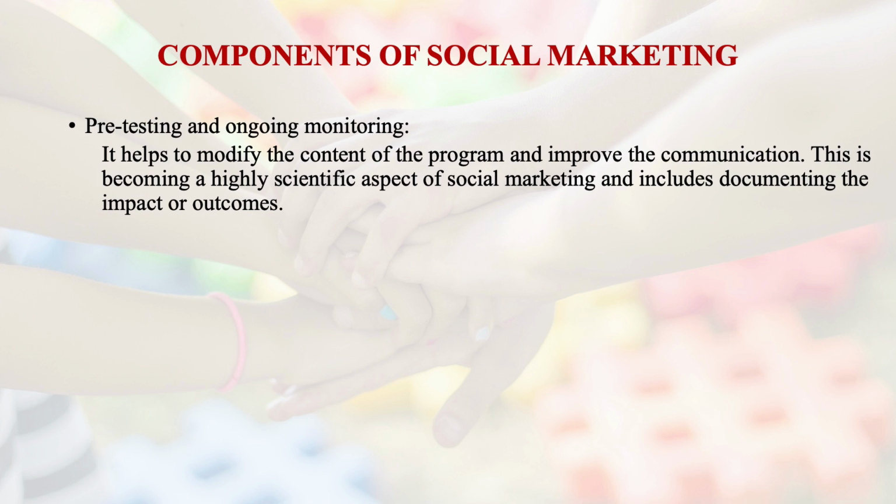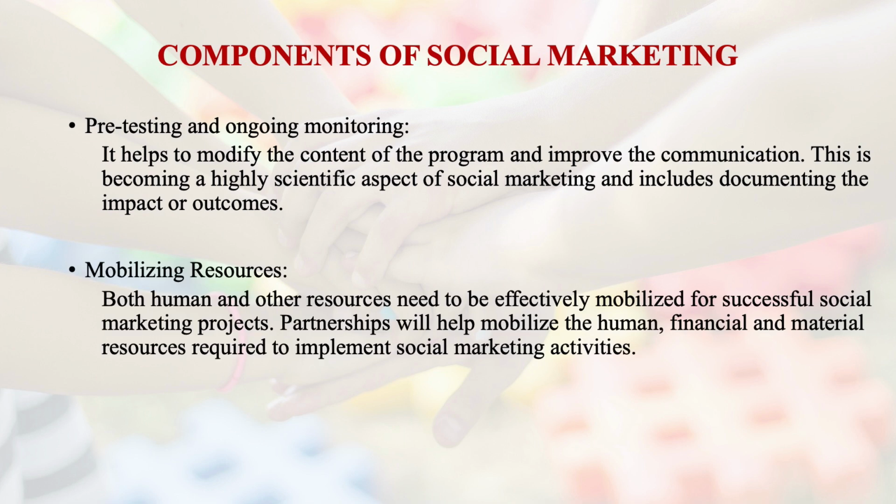So for understanding how effective the social marketing campaign is, one has to do an impact study also, whether the communication message, the media message that an NGO or not-for-profit organization is propagating, is creating any impact on the customers or not. That is very important.